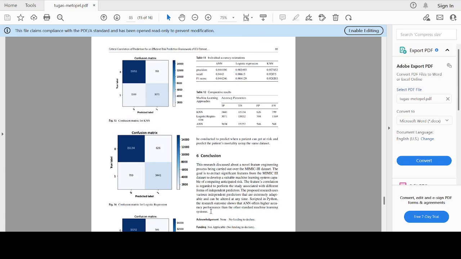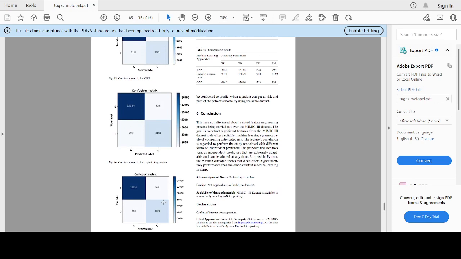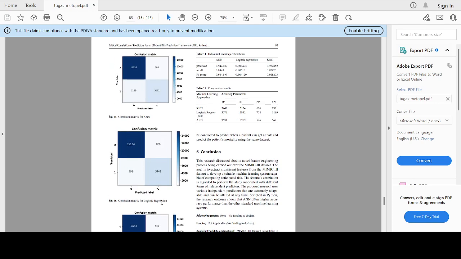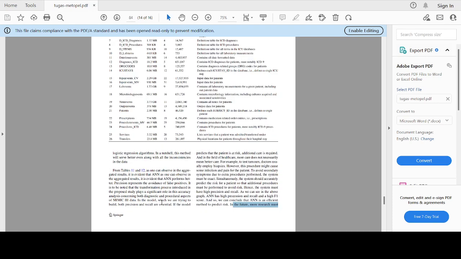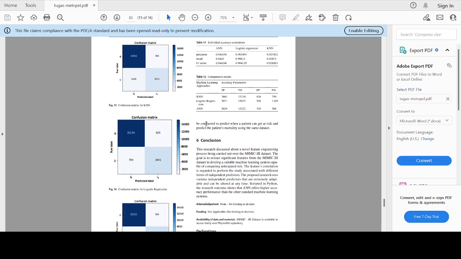In the future, more research must be conducted to predict when a patient can get the risks and predict the patient mortality using the same dataset. Basically, they got 91 in logistic regression, 92 in KNN, and 94 in ANN.